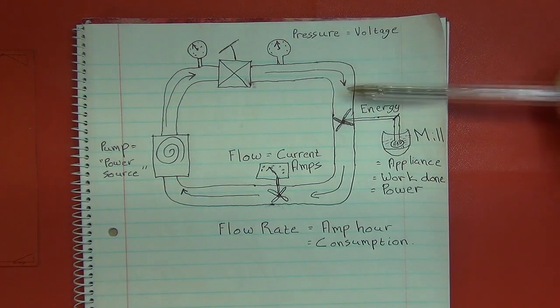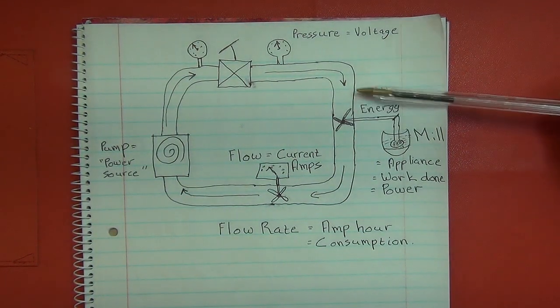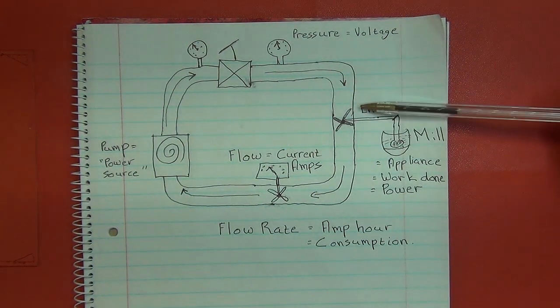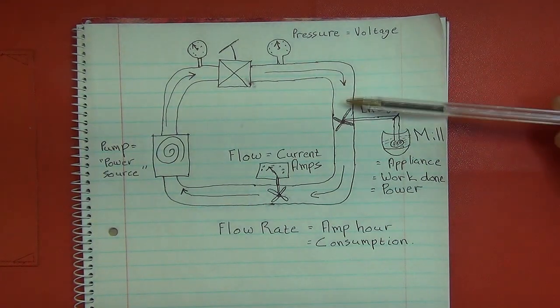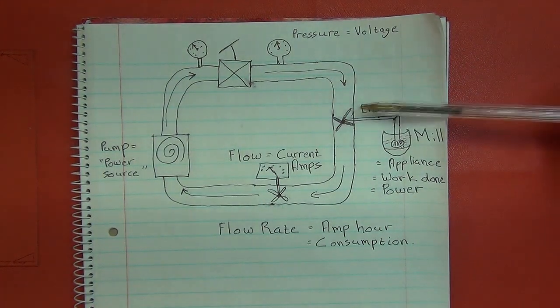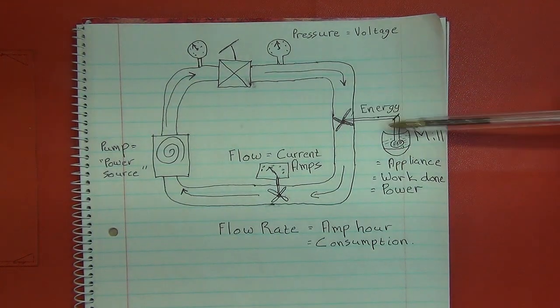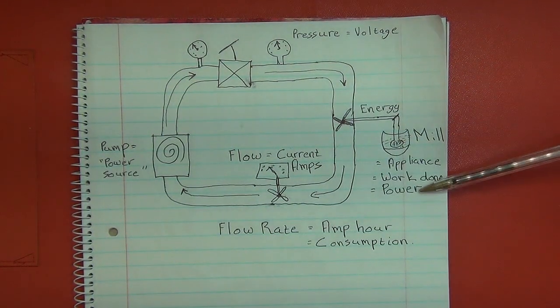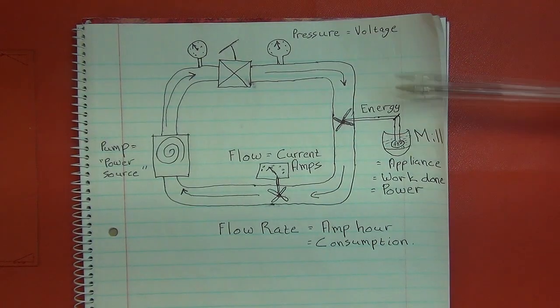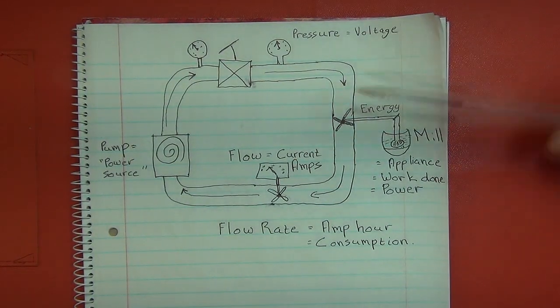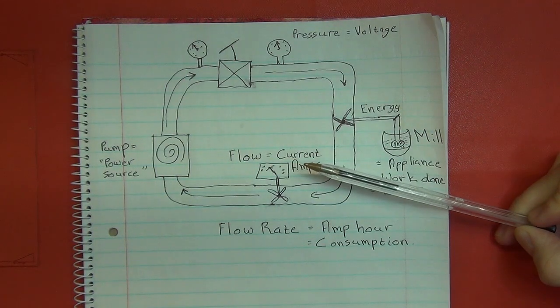But from here, all I want you to understand is that the end result of the flow of electricity is the work being done, your appliance being connected to your wiring system, which is using power, a combination of your voltage and your current.